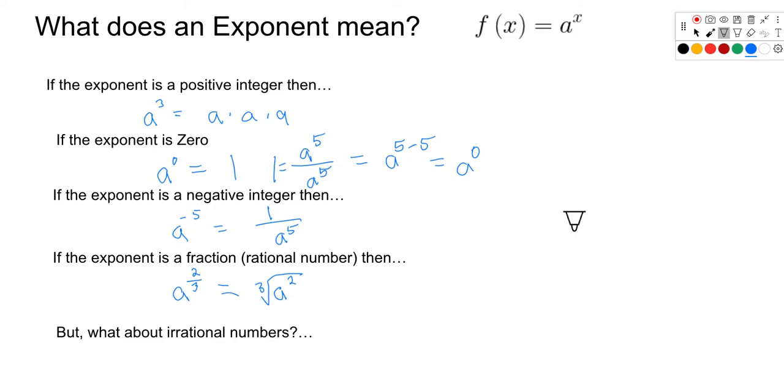So if you really think about it, how can we do this? Well, what they do is they use limits and say something like, if we have a to the 1.7 and a to the 1.8, that is what a to the square root of 3 is, because the square root of 3 is a number between 1.7 and 1.8, somewhere in between those two.